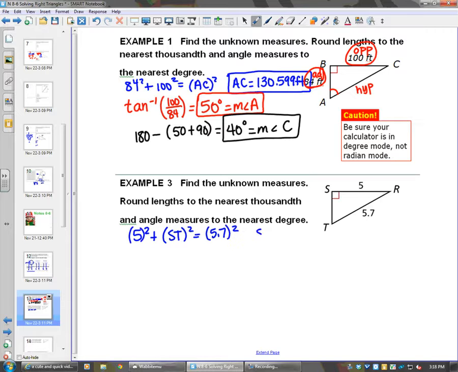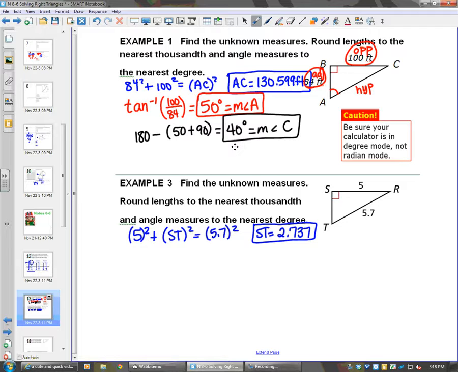So when you type that in the calculator, you should get a value for ST. What'd you get? Good, 2.737. Are there units on this problem? Nope, so we don't have to list any. Perfect. You do want to watch for those units. All right, so now we have all three of our side lengths.